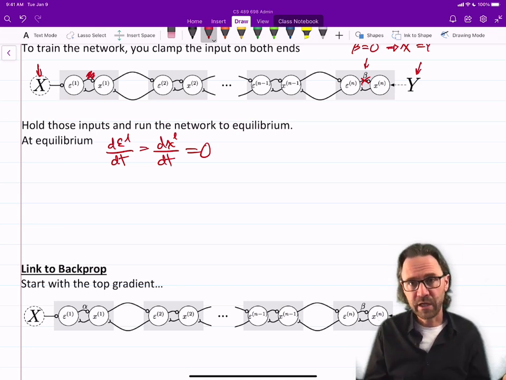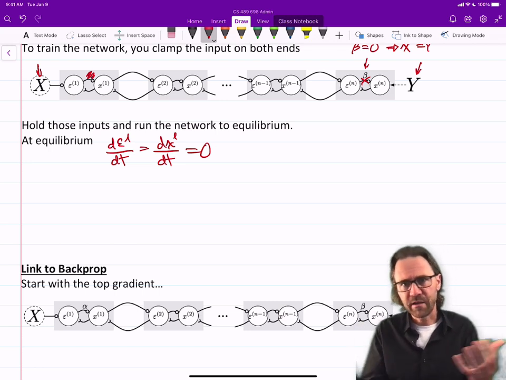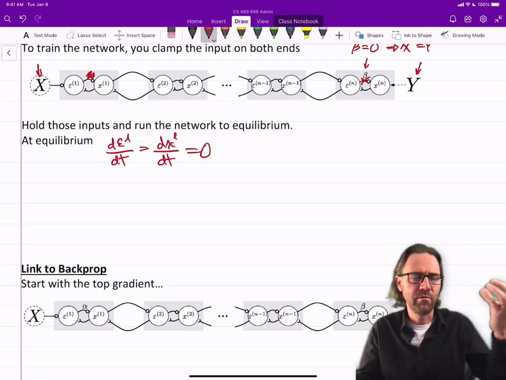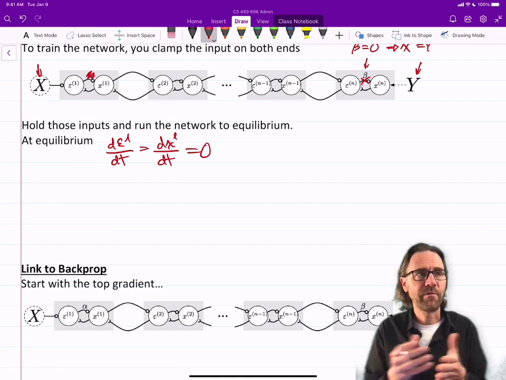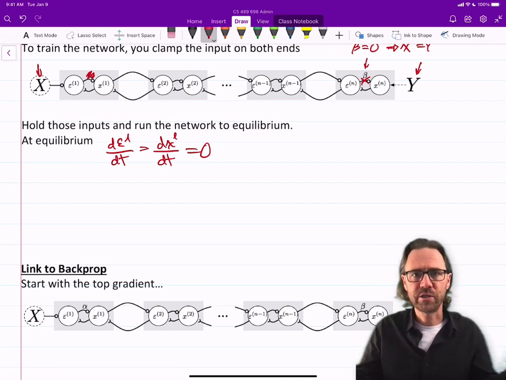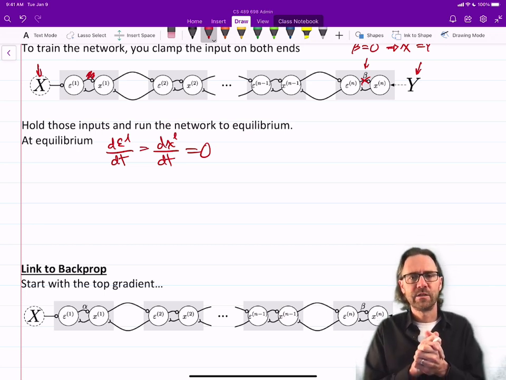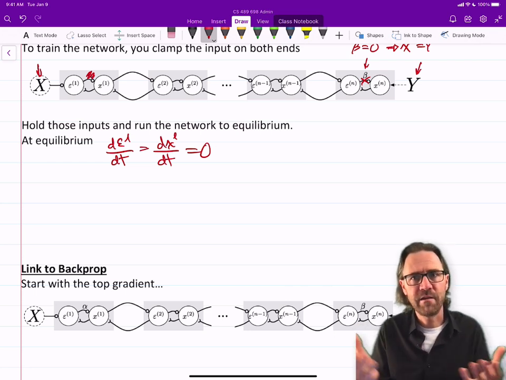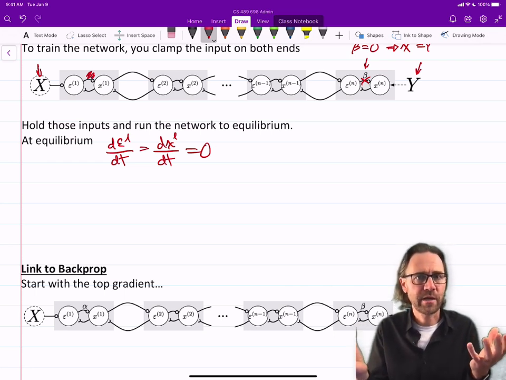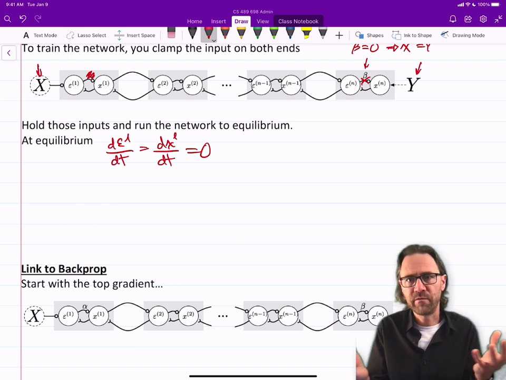If you run the network to equilibrium, that in essence gives every node a chance to interact with every other node, right? So information has to sort of permeate through the entire network before it can actually arrive at its steady state equilibrium state. So once you're at equilibrium, in effect, every node has interacted with every other node and they have reached this balance, this sort of global agreement.